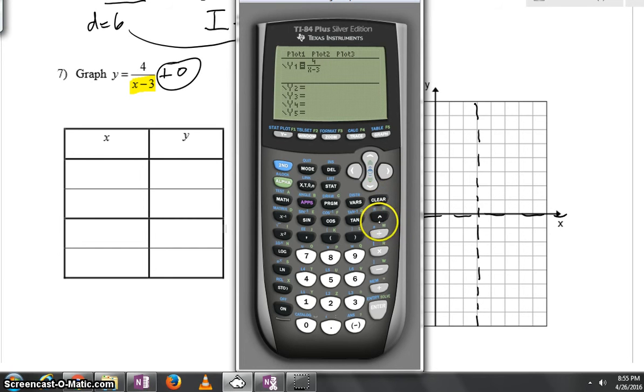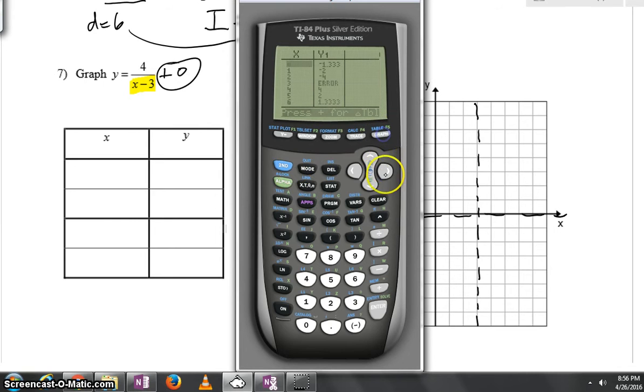You may if you want. Of course, that's kind of silly. But what we have been doing in class is we'd hit math and come down here to decimal. And this will convert that value always into a decimal, which when we use our table, that could be very, very, very helpful.